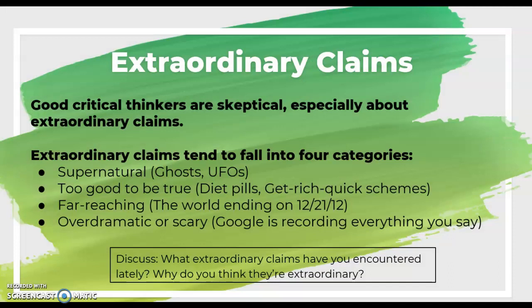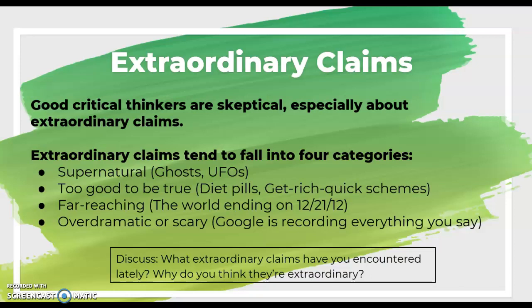We have to watch out for extraordinary claims when we are trying to identify the claims that an author is making. Extraordinary claims can be supernatural, too good to be true, far-reaching, or overdramatic or designed to frighten you.